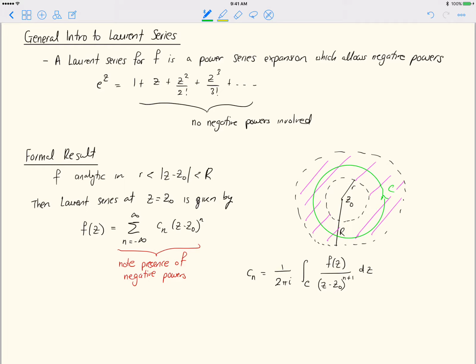That's often the standard approach. So let me give you an example. Let's find the Laurent series of f of z equals e to the z on z cubed.